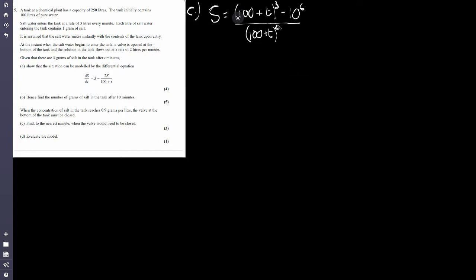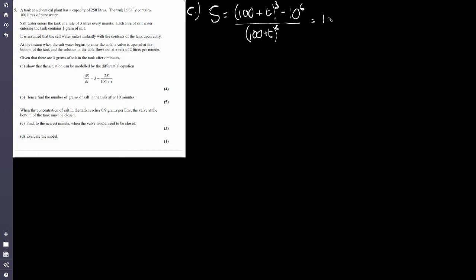But before I do that, I'm just going to simplify this a little bit to make it easier to work with. I can split this into 2 fractions. So it's going to be 100 plus T cubed over 100 plus T squared, minus 10 to the 6 over 100 plus T squared. What I'm going to get left with is just one lot of this on top, because the 2 will cancel with the 3, and just a power of 1 up here.